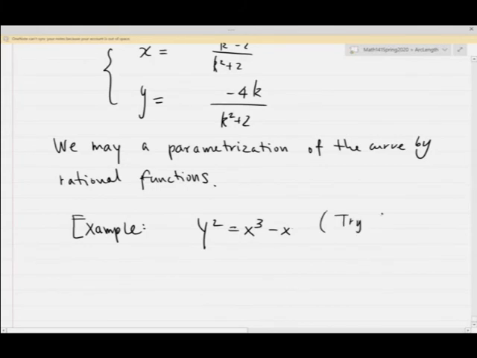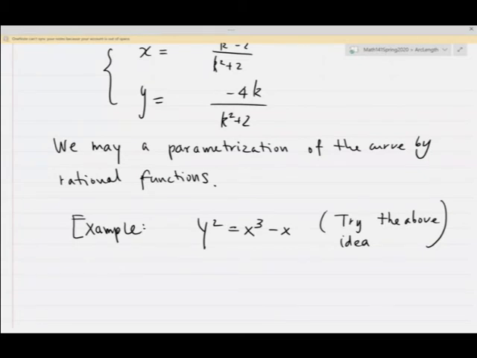Try the above idea and see how it feels. For this one, we cannot find a parameterization of the curve by rational functions. Okay, because here you have to solve degree 3. Degree 3, that will cause trouble.